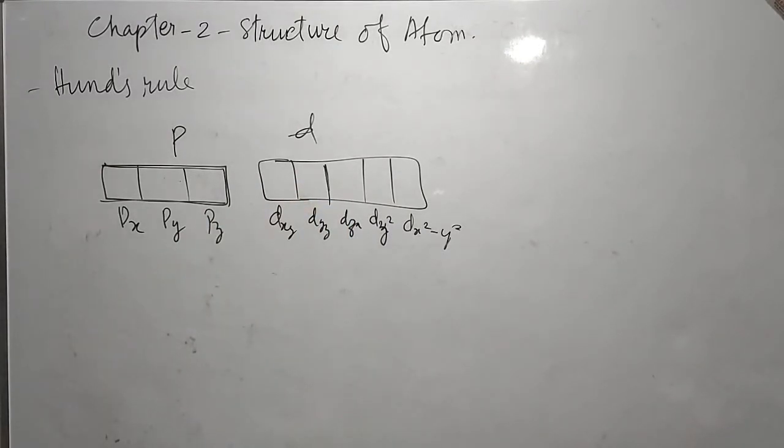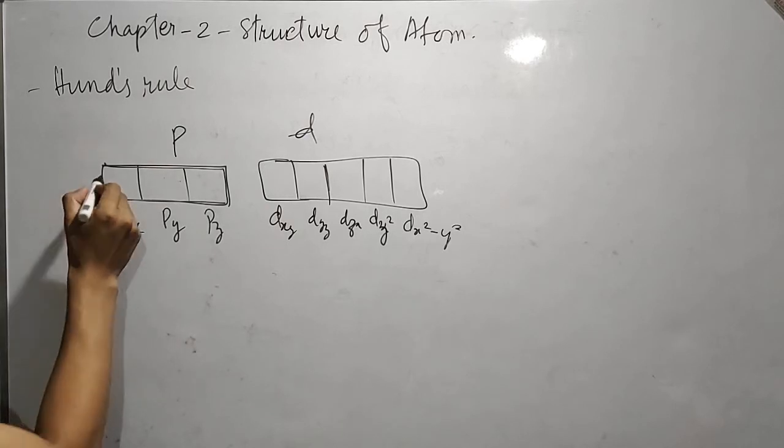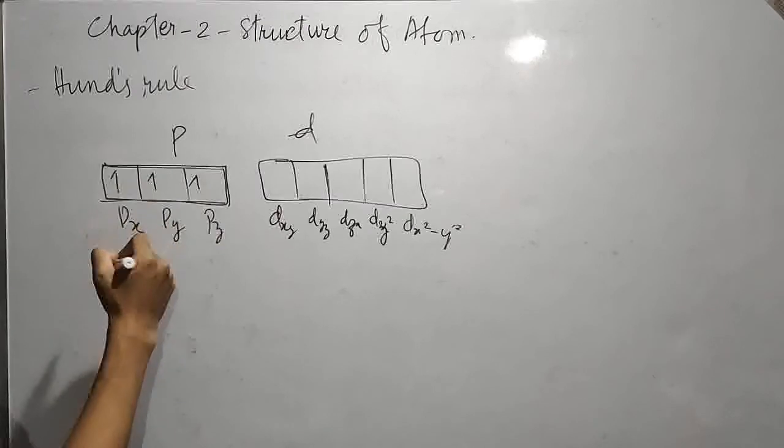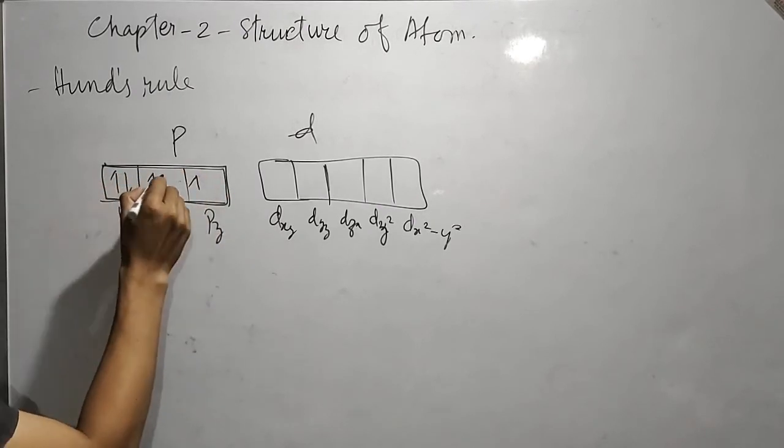Now whenever we encounter this kind of orbitals having the same energy, the filling of the electrons is in such a way that first they will all be singly filled along the same direction. First they will be singly filled and then only they will pair up.